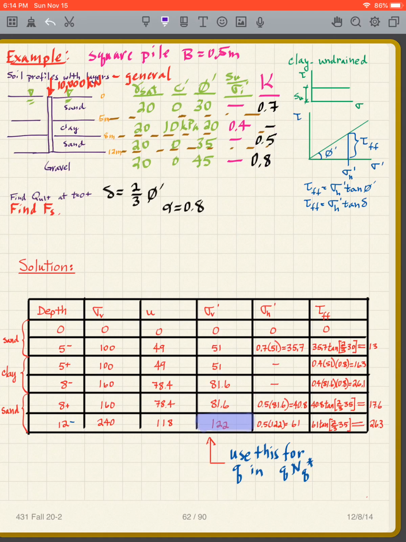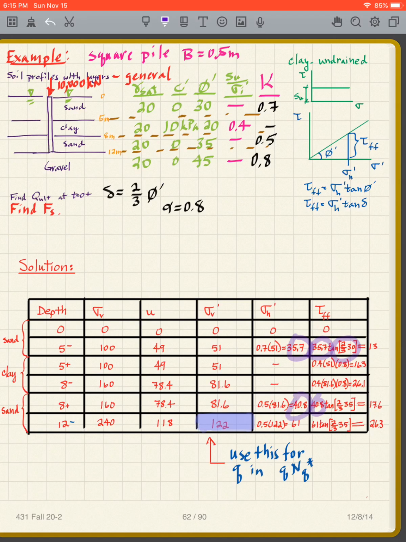Then I need to use sigma h prime tangent delta to get my tau ff. So my delta is 2/3 phi prime. So I'm going to have sigma h prime tangent 2/3 of 30.